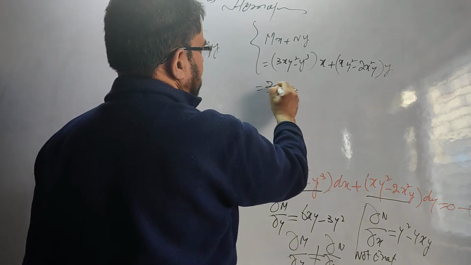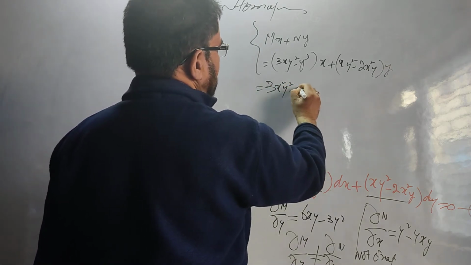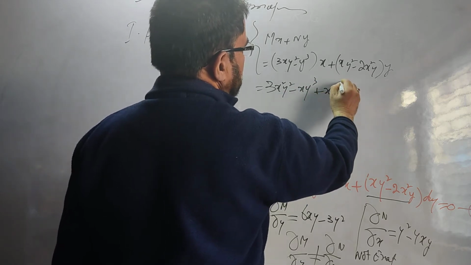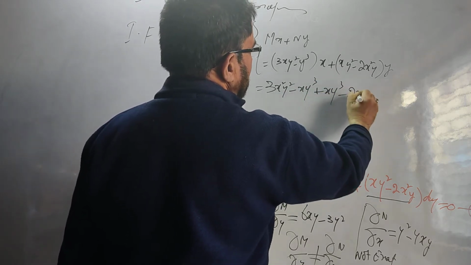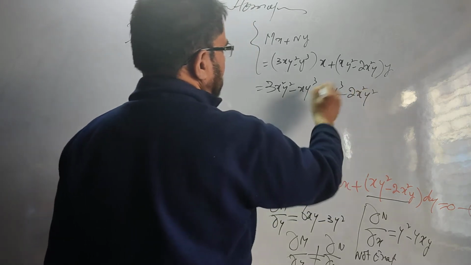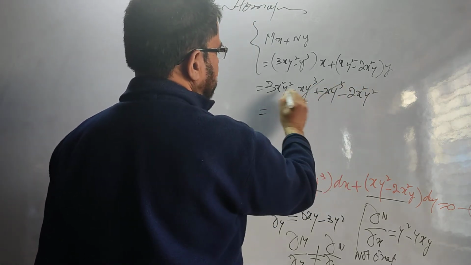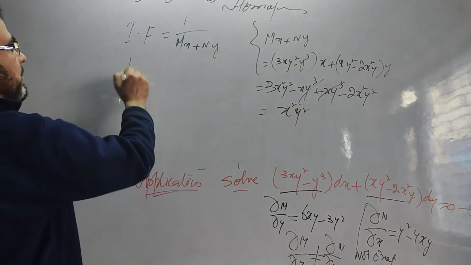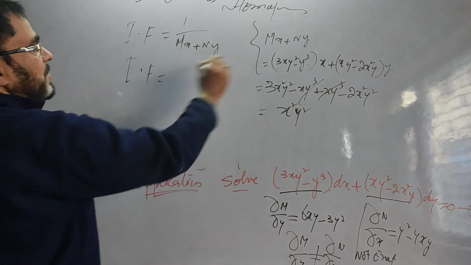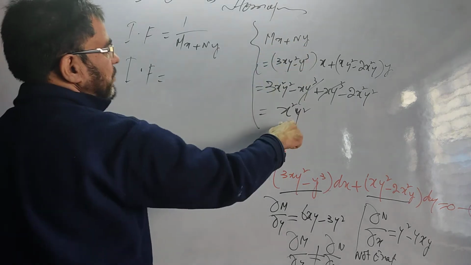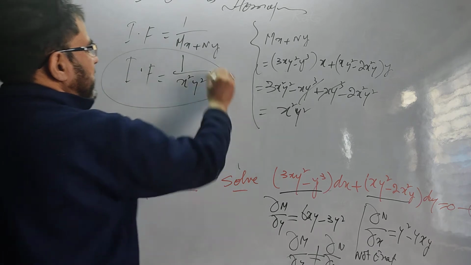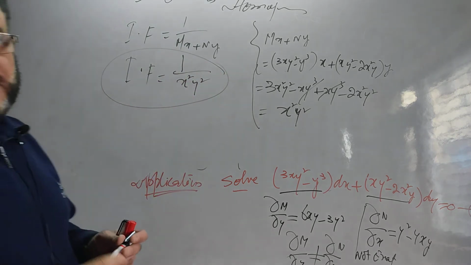This is 3x²y² minus xy³, plus xy³, minus 2x²y². Now this gives you x²y². So the integrating factor of this differential equation is 1 by x²y².